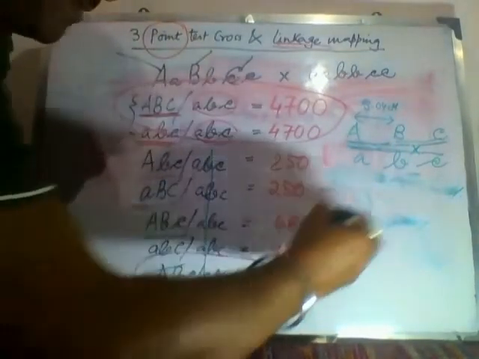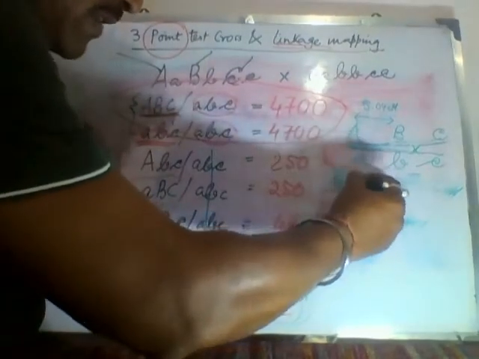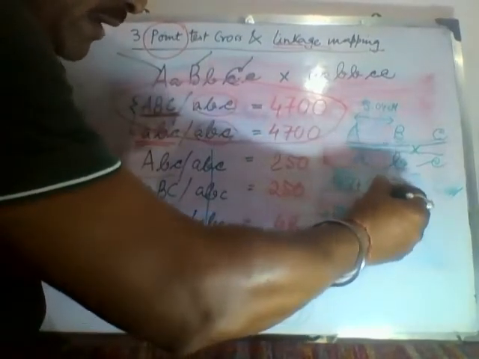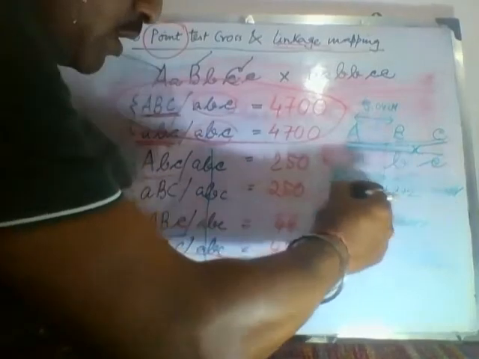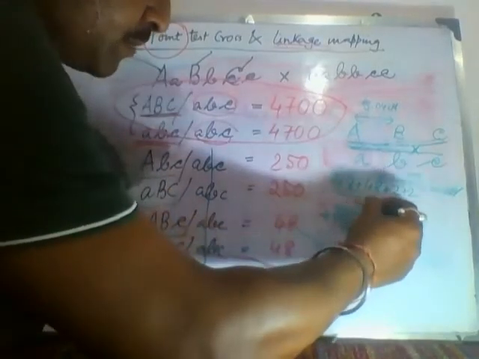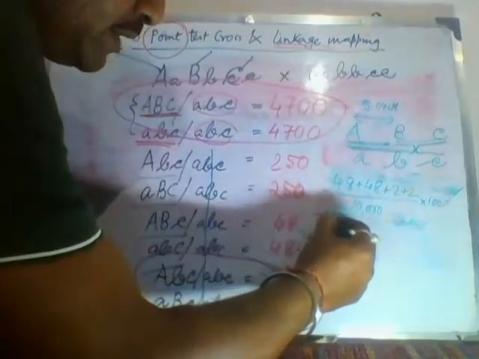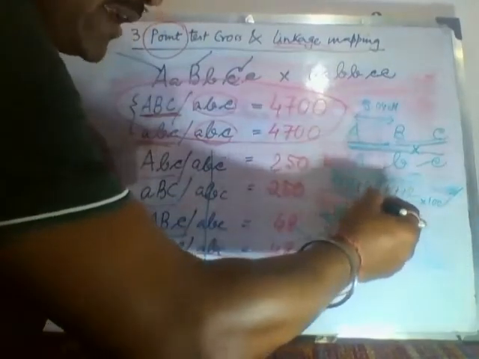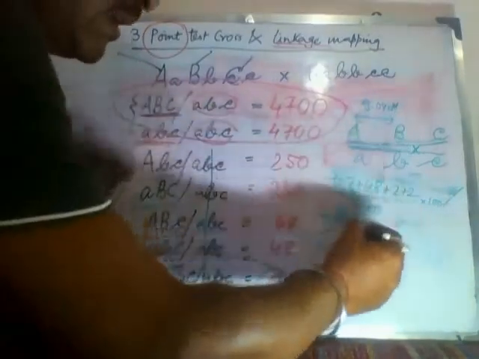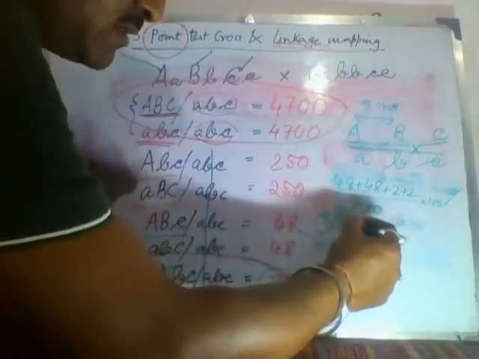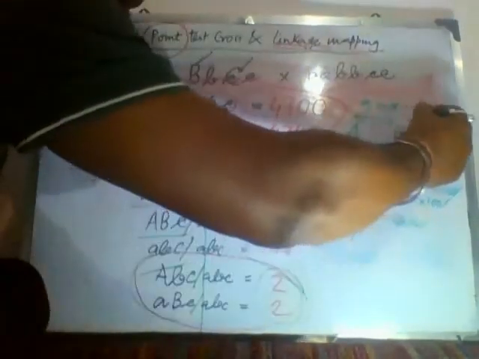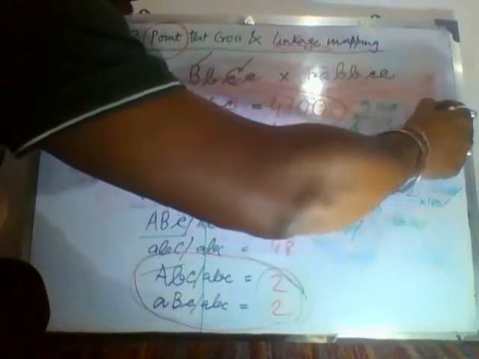In a similar manner, the recombination frequency is 48 plus 48 plus 2 plus 2 divided by 10,000, the total number, into 100%. So it will come to 48 plus 48, 96, plus 4, 100, into 100 by 10,000, which means 1%. So the distance between B and C is 1 centimorgan.